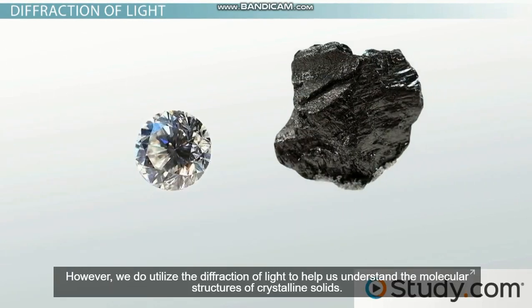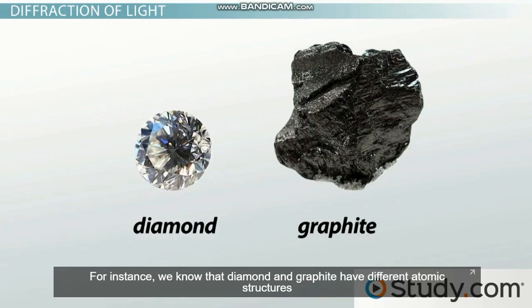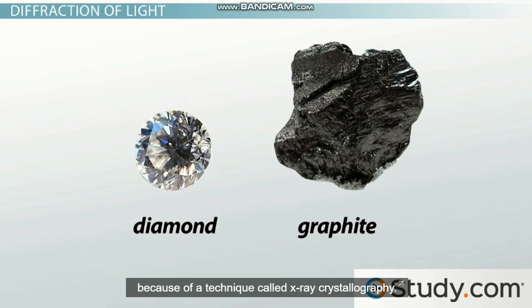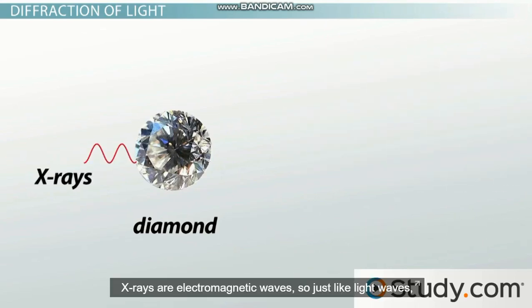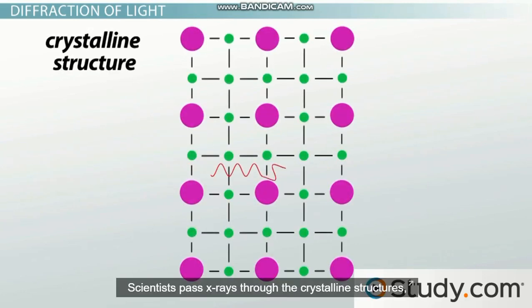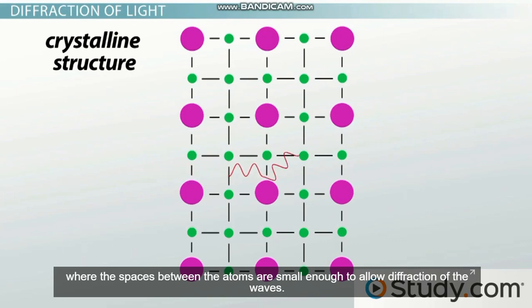However, we do utilize the diffraction of light to help us understand the molecular structures of crystalline solids. For instance, we know that diamond and graphite have different atomic structures because of a technique called X-ray crystallography. X-rays are electromagnetic waves, so just like light waves, they can diffract when they're given the right conditions. Scientists pass X-rays through the crystalline structures where the spaces between the atoms are small enough to allow diffraction of the waves.